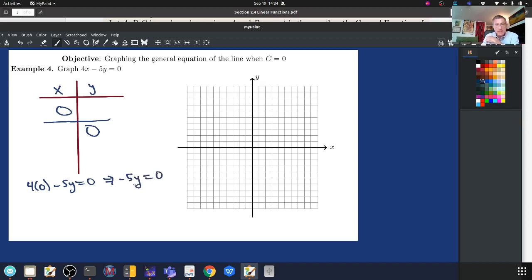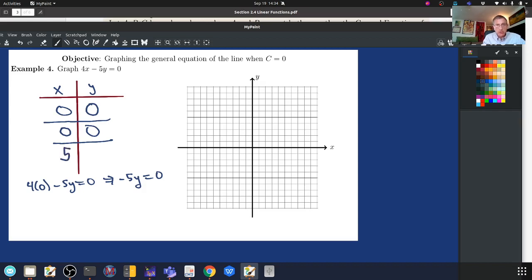So minus 5 times what number gives me 0? Y has to be equal to 0. So that immediately already tells you if y is 0, x has to be 0. So this is not going to work. It's going to give me the same point if I choose 0 for y. So I'm going to choose another value. And for this value, I'm going to choose 5.